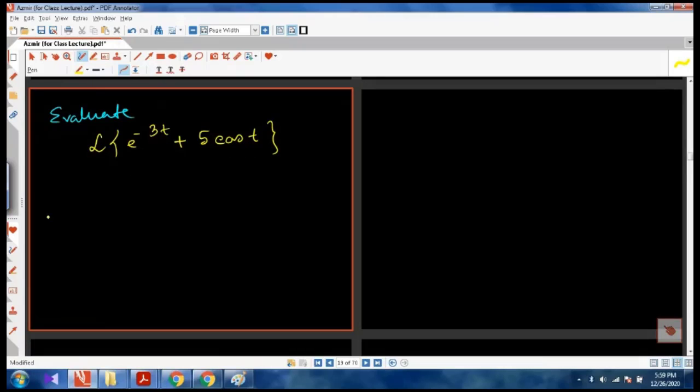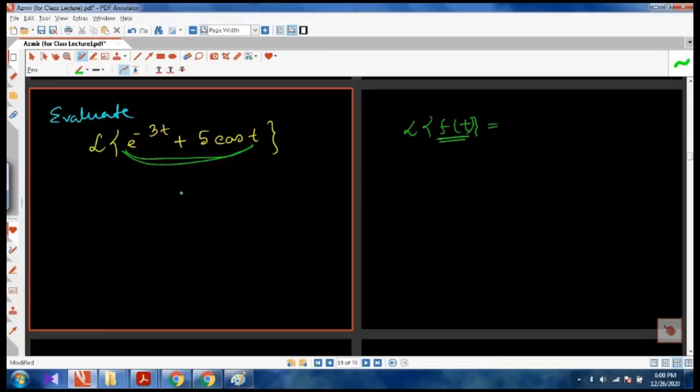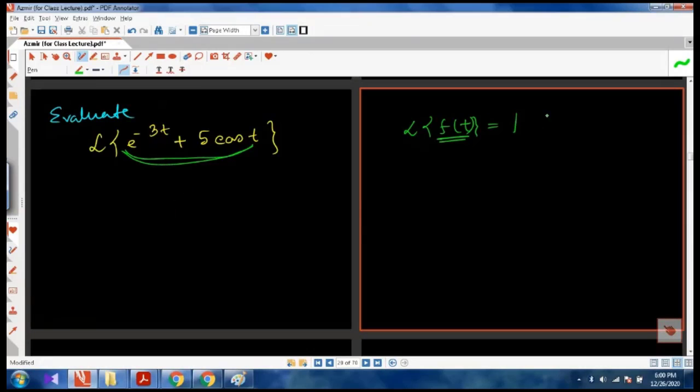Okay. So this time the function that we have, don't forget the basic notation. Laplace transform of input is f of t. So the whole part is f of t. And finally, we'll get a function of s. So here, the function is looking difficult.